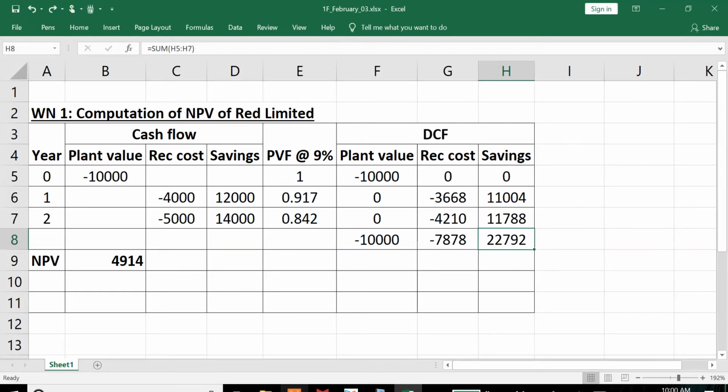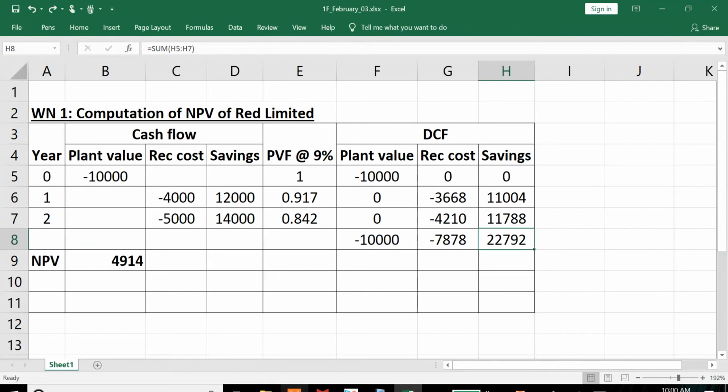Change for all the three parameters is 4914. Base for the first parameter is 10,000. Second parameter is 7878. Third parameter is 22,792. Basically, we are telling how much cushion is there in the company to absorb any adverse variation. What is adverse variation? Cost going up and revenues coming down or savings coming down.